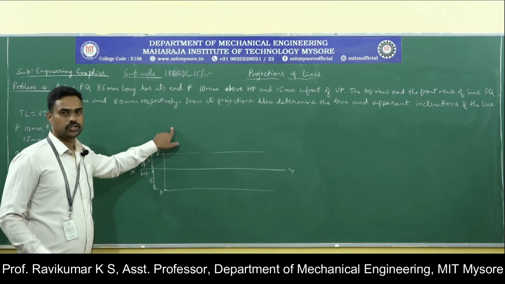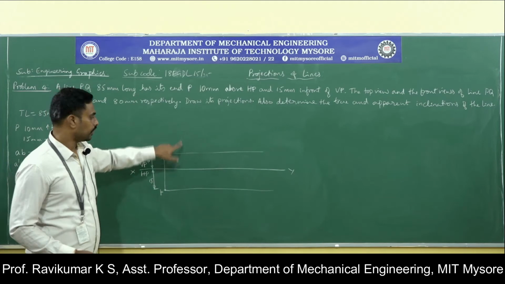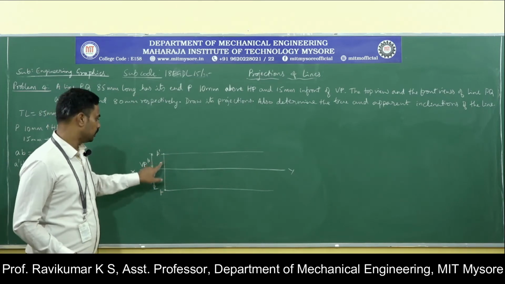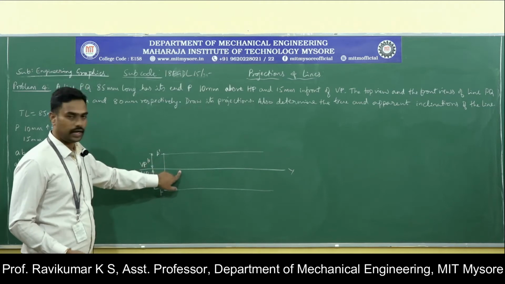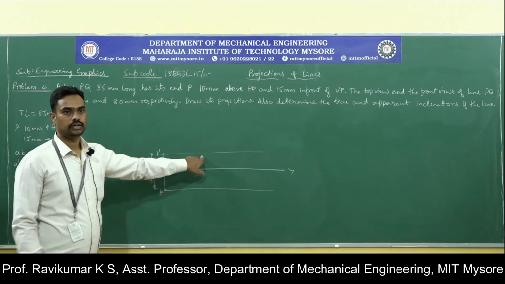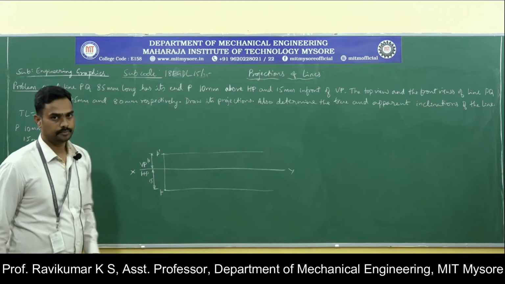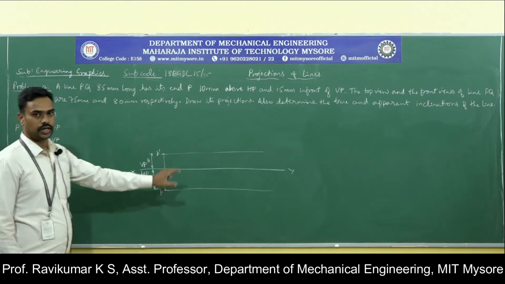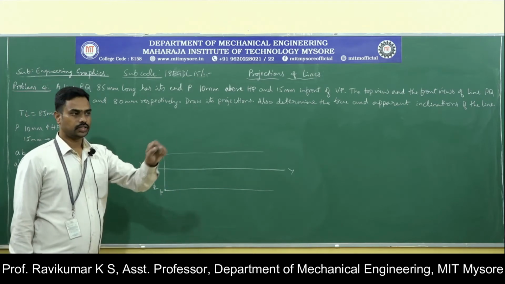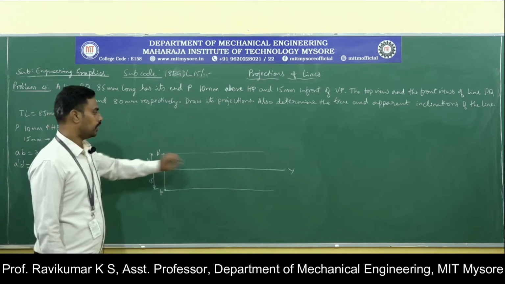So apparent length should be darker and the true length line should be medium thick, and all other lines, these are all the dimension lines or the projector lines. This is the projection line, this is the XY line, and this is the dimension line, and this is the construction line. So all these lines should be thin, because that doesn't represent the line. Only the lines which represent the original line should be darker. All other lines should be thin.